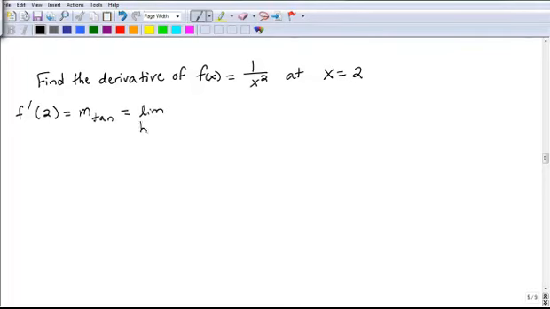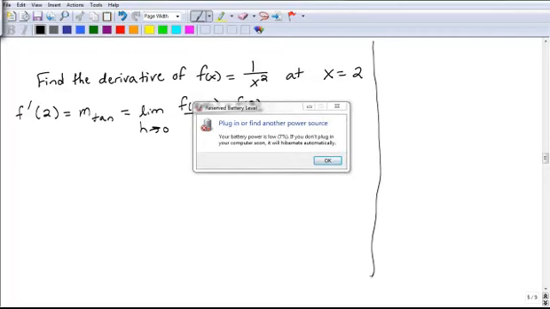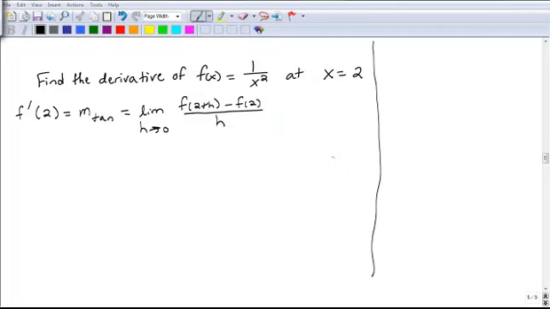And it's the limit as h goes to 0 of f of 2 plus h minus f of 2 over h. And I need to figure out what f of 2 plus h and f of 2 are going to be. So I'll do that over here on the side.